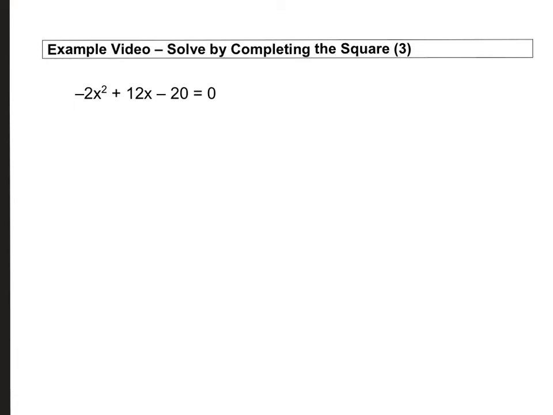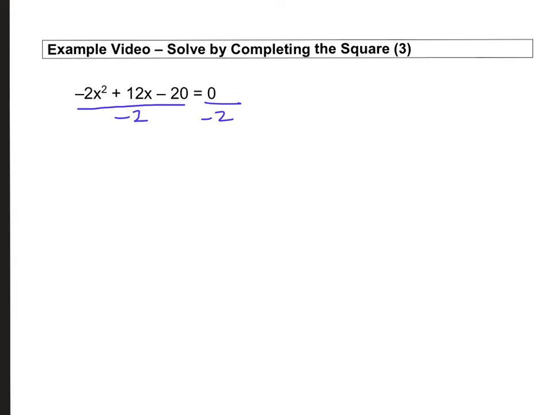We can divide everything by a 2, but I'm actually going to, because our leading term is a -2, and when we complete the square, we do want this to be a positive x squared and not a negative x squared. So why don't we go ahead and divide everything by a -2, all three terms. Now, because it's an equation, if we divide the left side by -2, we're going to divide the right side by -2.